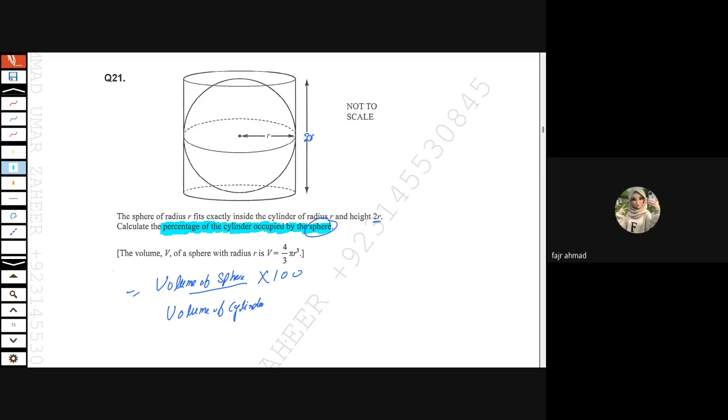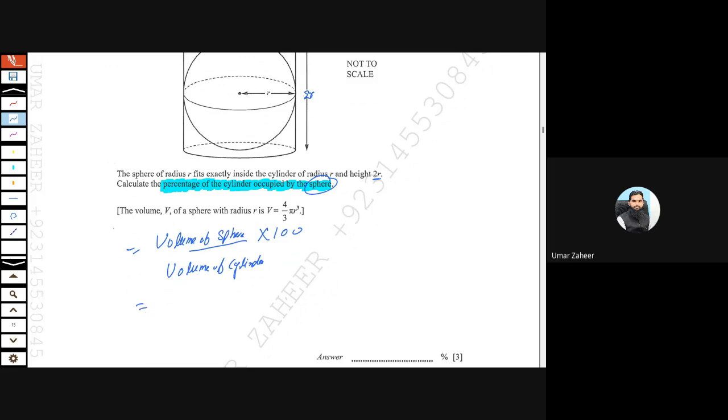Yes, sir. So the volume of a sphere is 4 by 3 pi r cube divided by the volume of cylinder. The volume of cylinder is, it's a prism shape, so pi r square base area multiplied by height, and height is given, that is 2r.